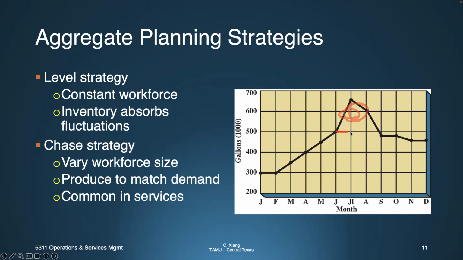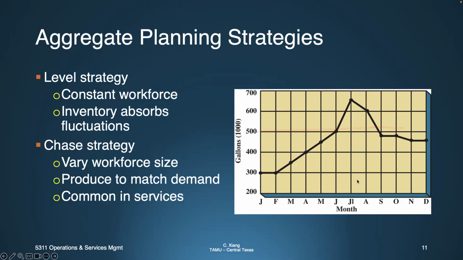You still produce, but not enough. How to cover the gap? Use your inventory. In some cases, if a peak appears early, you may have to create a lot of backlog and then use later production to catch up with the earlier commitment. So that is the cost you have to pay. That is a level strategy.